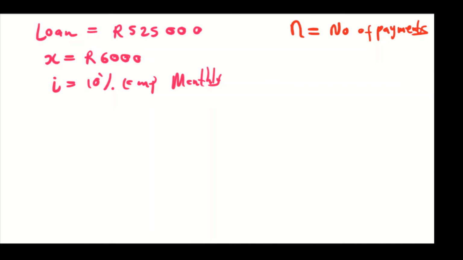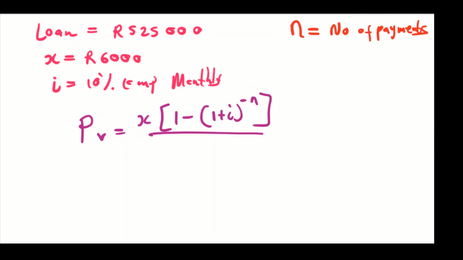When you're dealing with the simple interest or compound interest formula rather, N stands for number of years, or period, right? So because we want to identify the number of payments, and we know this is a loan, we're going to use the present value annuity formula, which is x times 1 minus (1 plus i) to the power of minus n, divided by i, right?